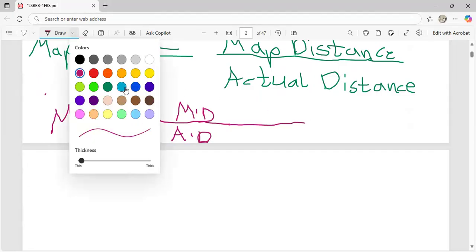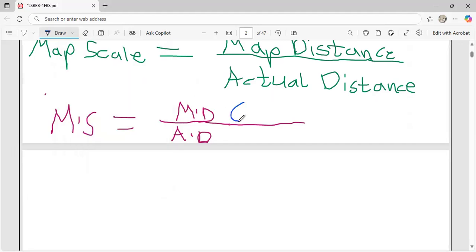So those are some of the tricks or techniques that you can use to discover what the question is trying to tell you. Okay. So this is either going to be in CM or MM. So once you see that, you know that that is your map distance. Yes.